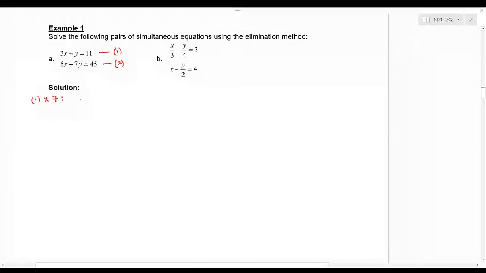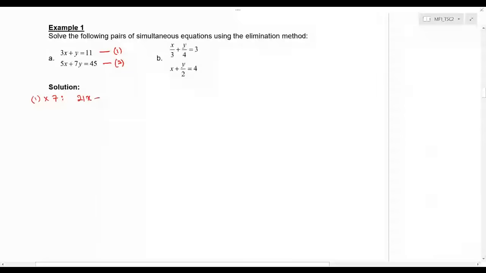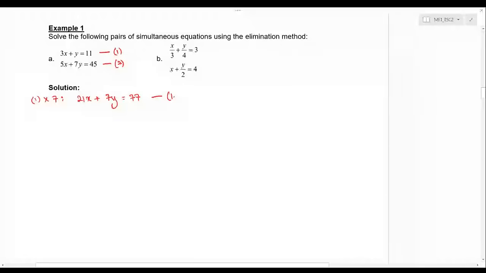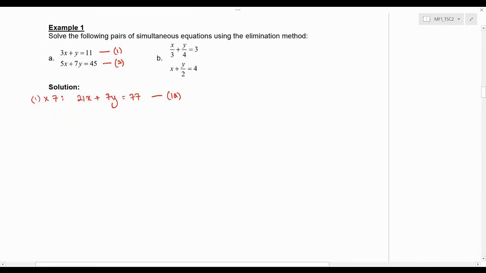Equation 1 by 7 gives 21x plus 7y equals 77, and I'll call this equation 1a. Now I can take equation 1a and subtract equation 2.